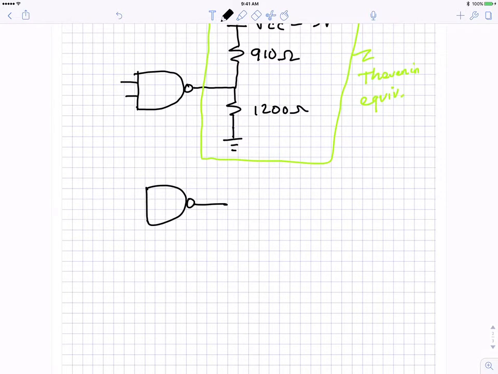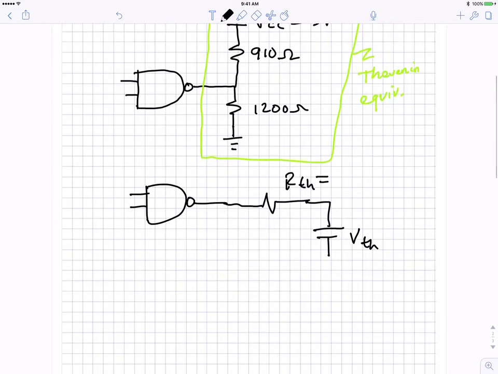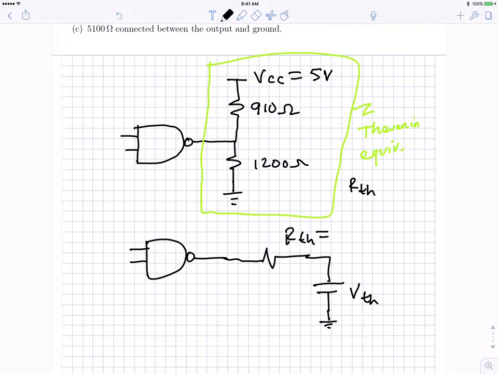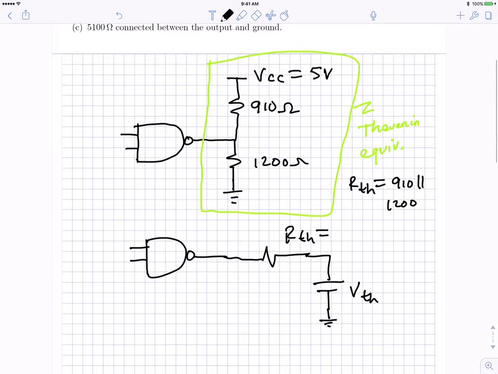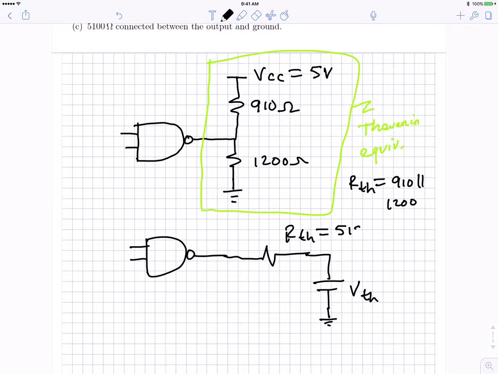So we want to know R Thevenin, and also V Thevenin. Well, we've done this enough times that we really know the answer. R Thevenin is going to be 910 in parallel with 1200. So you do that calculation and you get an equivalent R Thevenin of 518 ohms.